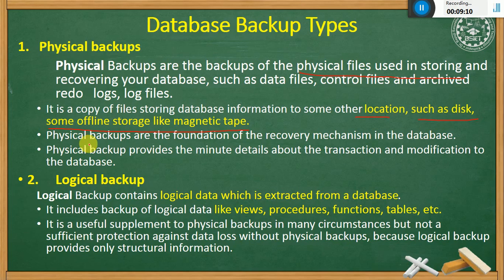So physically we are creating a copy of the database, which is called a physical backup. Okay, it may be on the same machine or it may be on another machine. Basically physical backups are taken on a remote machine, because if the same machine gets damaged, then we can have another copy of the data which is mounted on another machine.